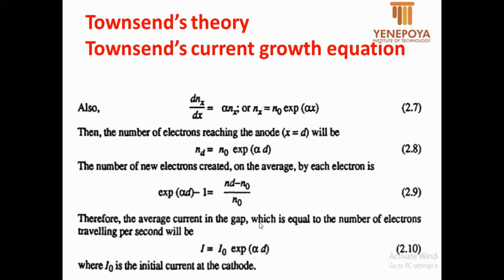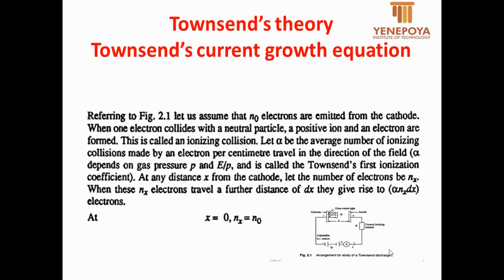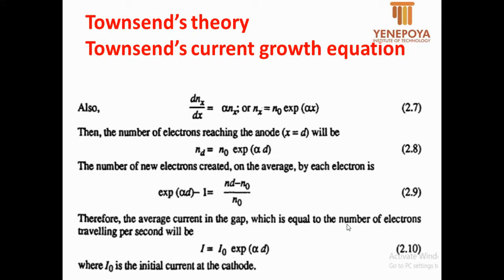The number of electrons reaching the anode: here x is d. When x equals 0 the electrons start, and they reach here, so the distance traveled is d. Putting x equal to d, nd equals n naught exponential alpha d.